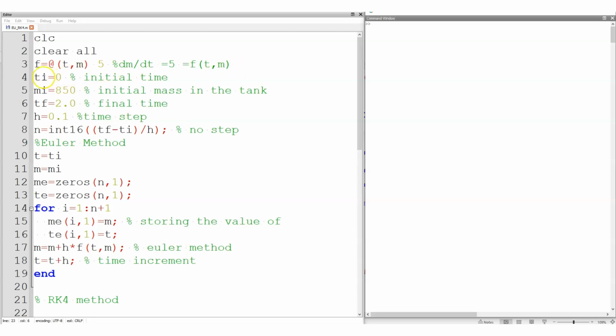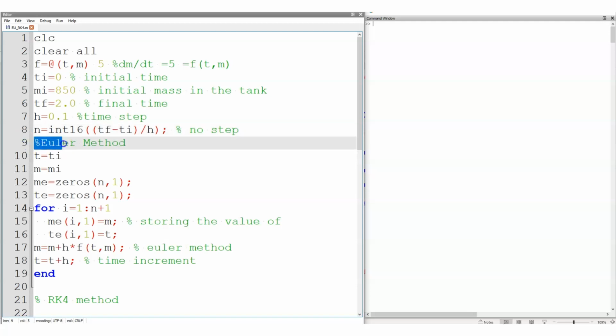Now we know that dm by dt is equal to 5, which is a function of t and m. So ti is 0, that is the initial time, mi is 850, that is the initial mass in the tank, and tf is equal to 2.0, that is the final time. h is equal to 0.1, that is the time step, and here I am calculating the number of steps: tf minus ti divided by h. Because n is an integer, this is not a float.